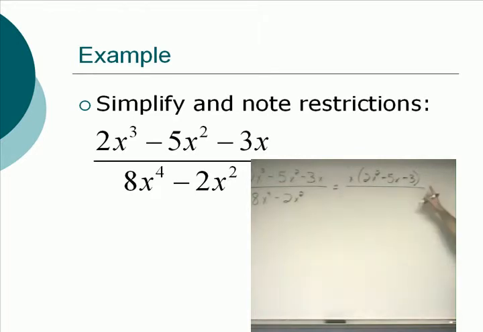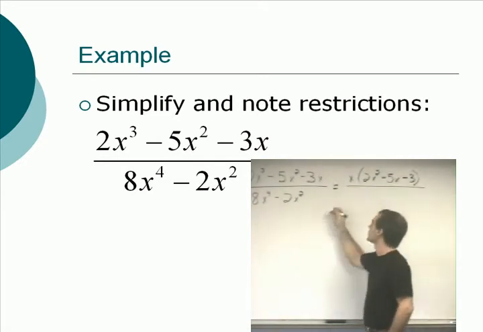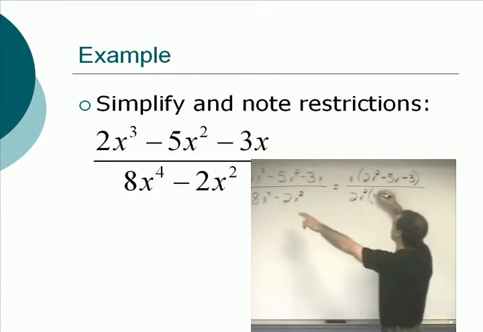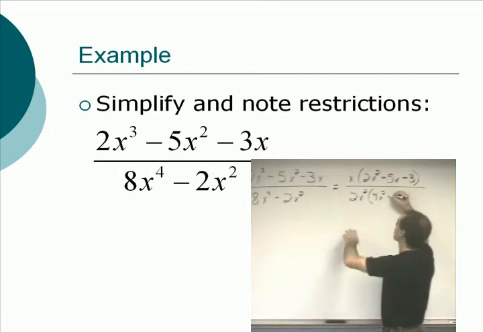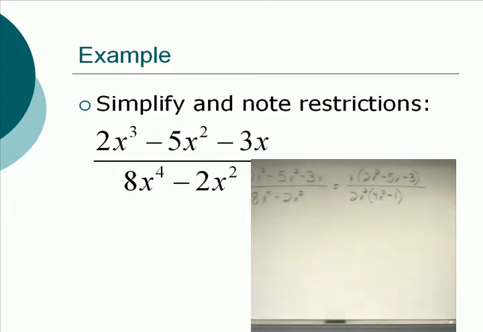Now note that the top isn't completely factored, but just for the sake of not having to go back too far, let's factor the bottom also. What can we do here? Factor out 2x squared. So 2x squared times 4x squared minus 1. Okay, now we can factor more, but that's a start.